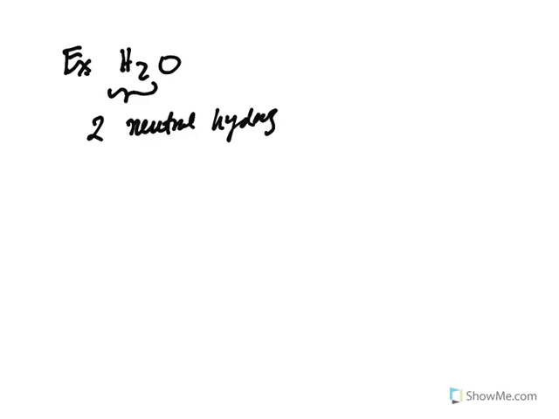So one good example, let's go back and look at water. It has a chemical formula of H2O. So this tells us that there are two neutral hydrogen atoms in this compound, but they are not H2, like the plain old element by itself.